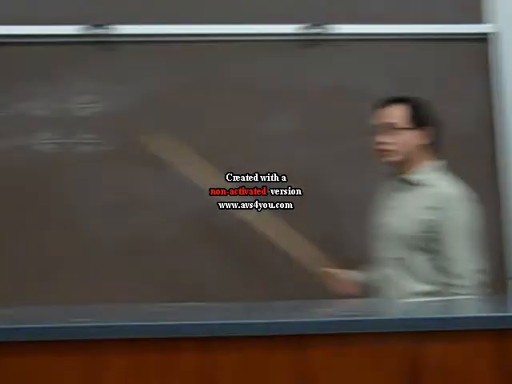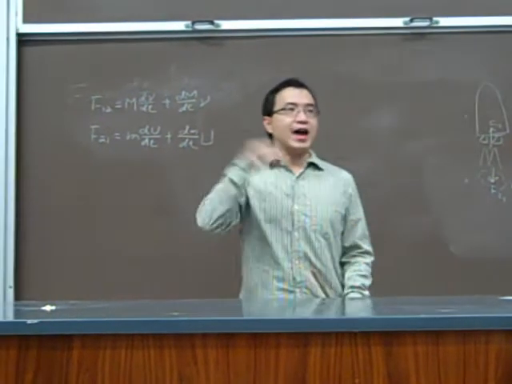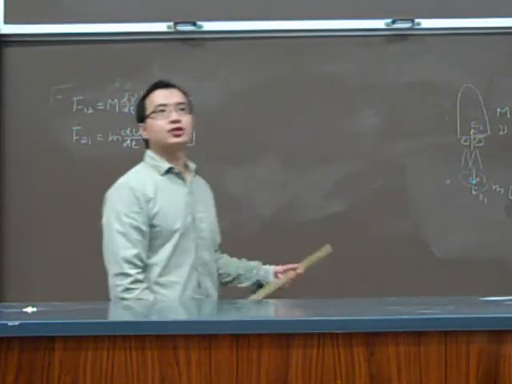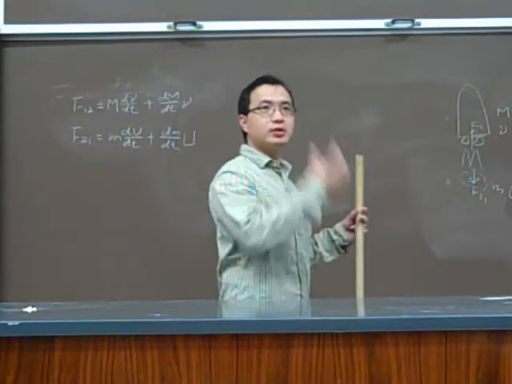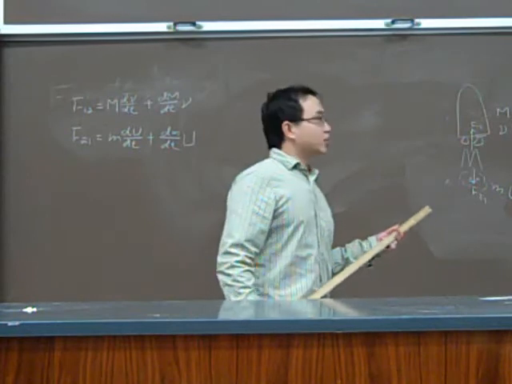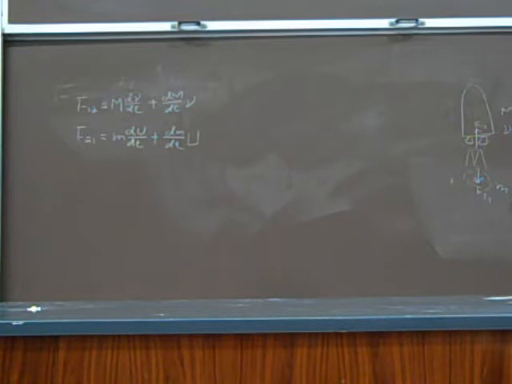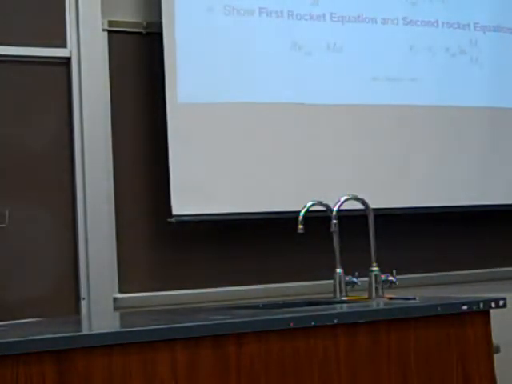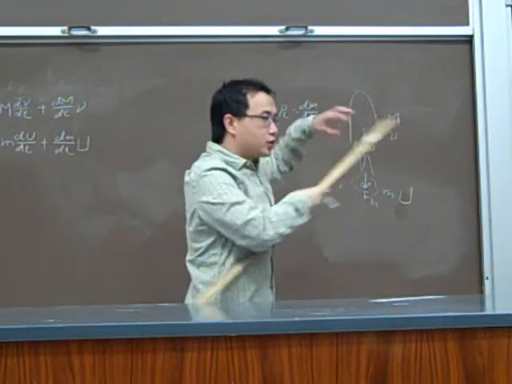For the exhausted product, it measures how fast you send it out. It is a fundamental quantity to determine the velocity of the rocket, so how fast you can expel the gas. So R equals dm over dt. That's an important parameter in rocket design.